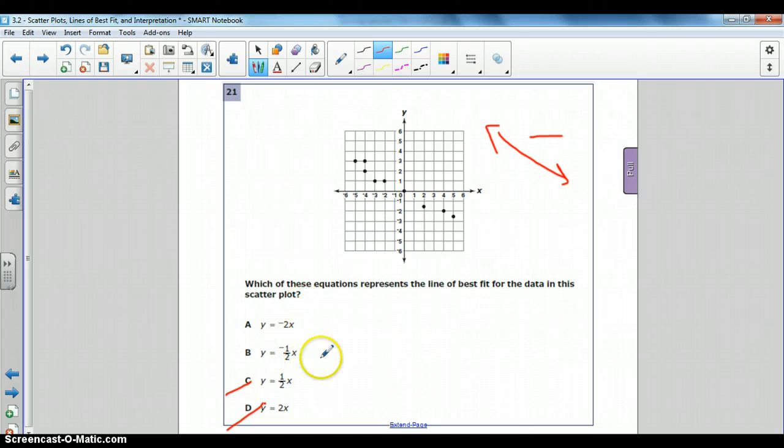Okay, since there's no b here, we have y equals mx plus b, where b is where we start, or the y-intercept, and m is our slope. Since there's no b, that means we start at the origin, or at 0, 0. Okay, so are we going up 2 over 1, which would be the first equation?